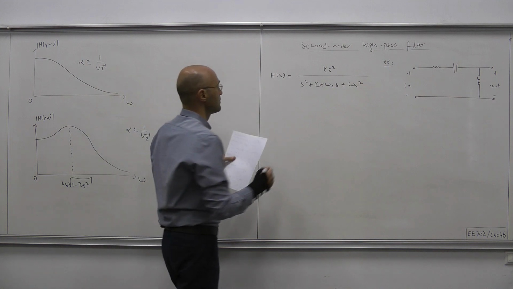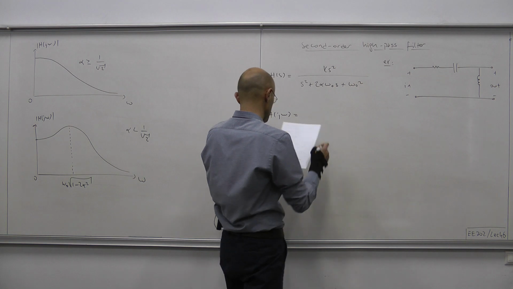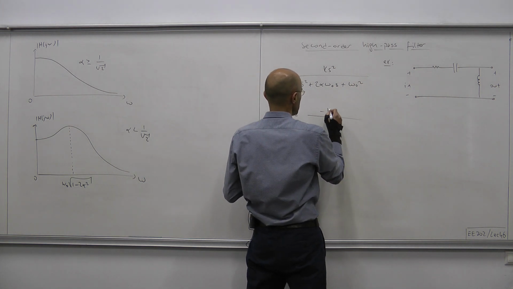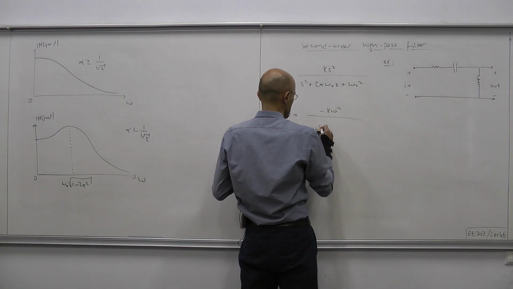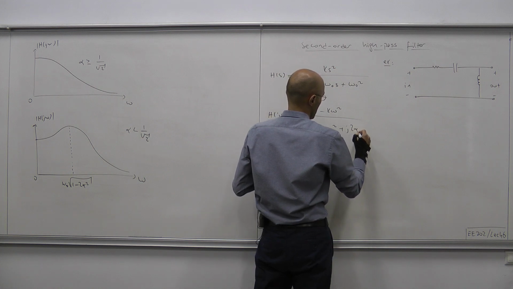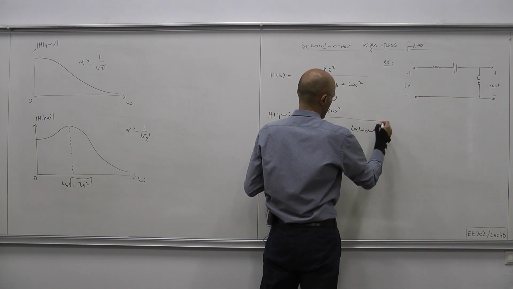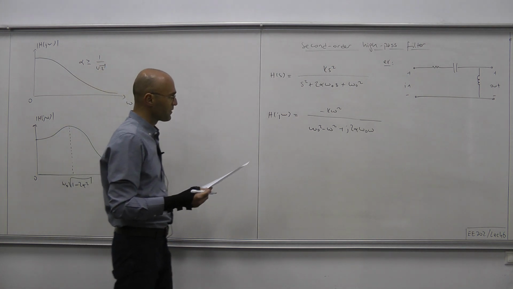So that transfer function produces the following frequency response: H j omega equals minus k omega squared over omega 0 squared minus omega squared plus j2 alpha omega 0 omega. So that's H of j omega.